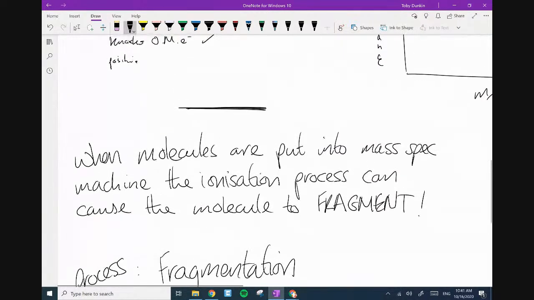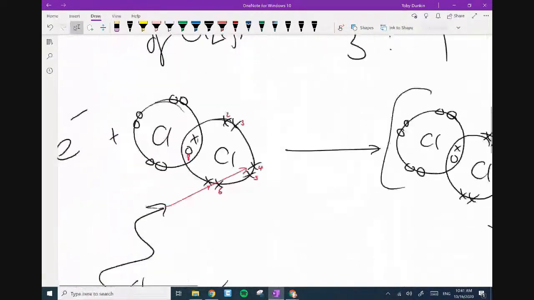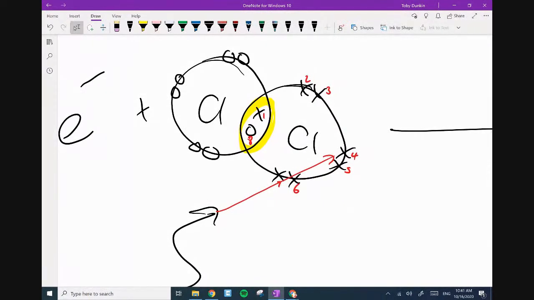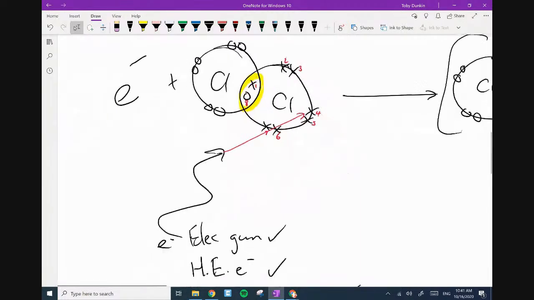So I asked you guys which electron would be knocked off that may cause the molecule to split. 1 and 8. Well done, Harry. Good man. If we were to knock off electrons 1 and 8, thank you, Louis, thank you, Yihan, then I'm going to halve the strength of that covalent bond.